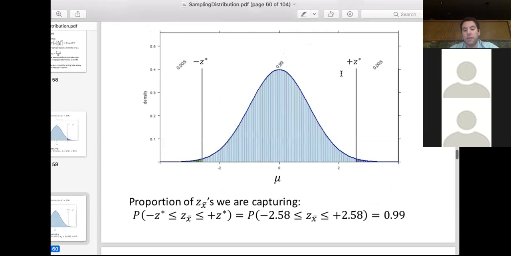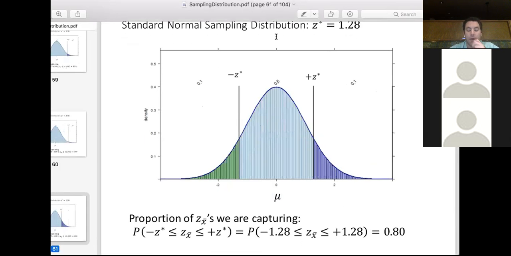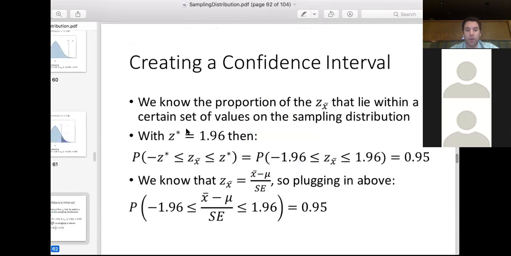For a 99% confidence level, the z statistic is 2.58. And for an 80% confidence interval, the z statistic is 1.28.